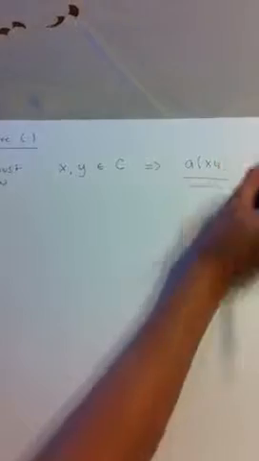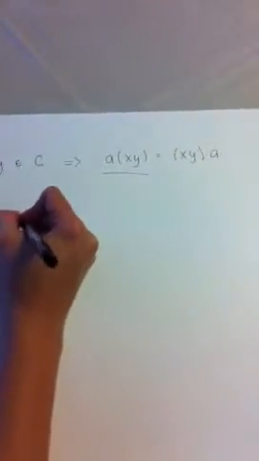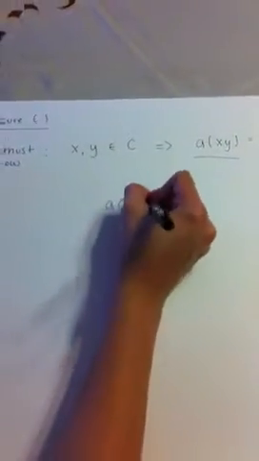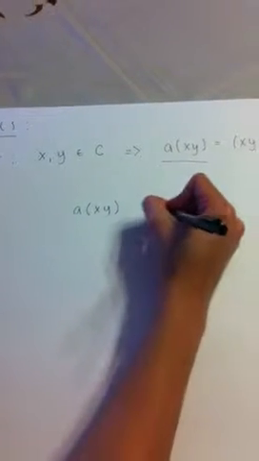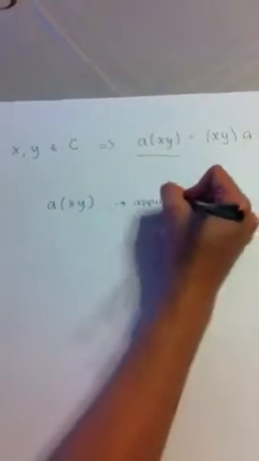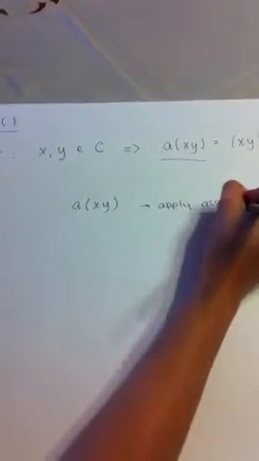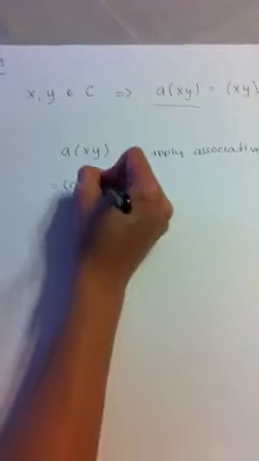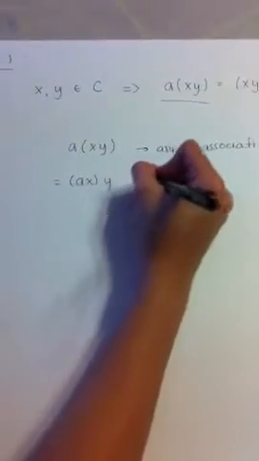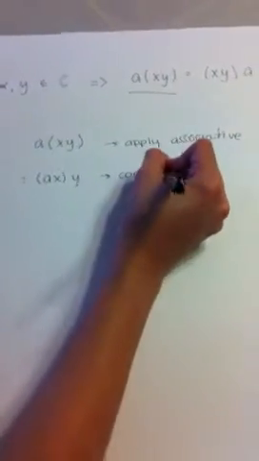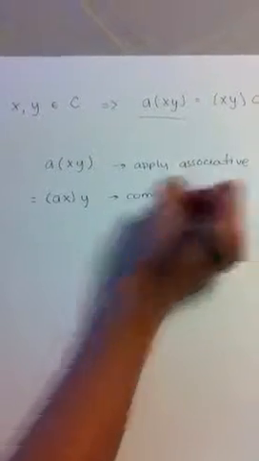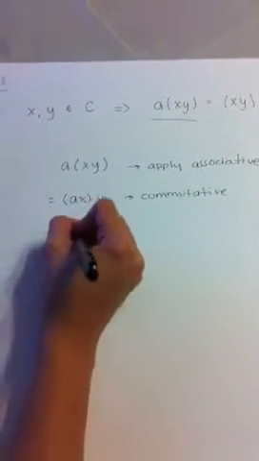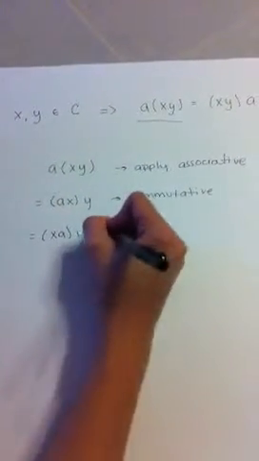So we will once again start off with our first, and we'll get AXY. Here we will apply the associative property, and we will move the parentheses to get (AX)Y. We will then apply our commutative property, and we will get (XA)Y.